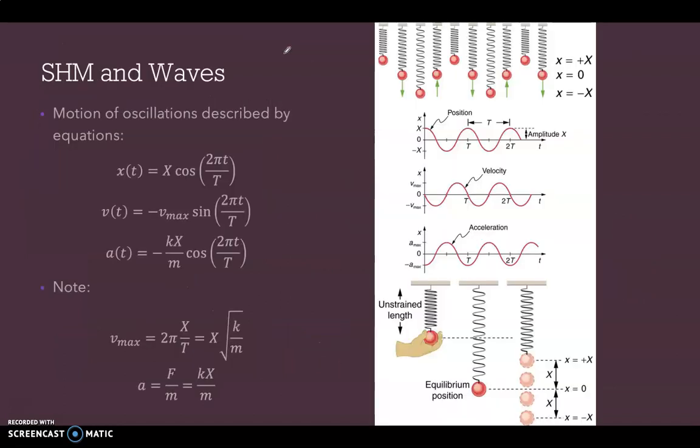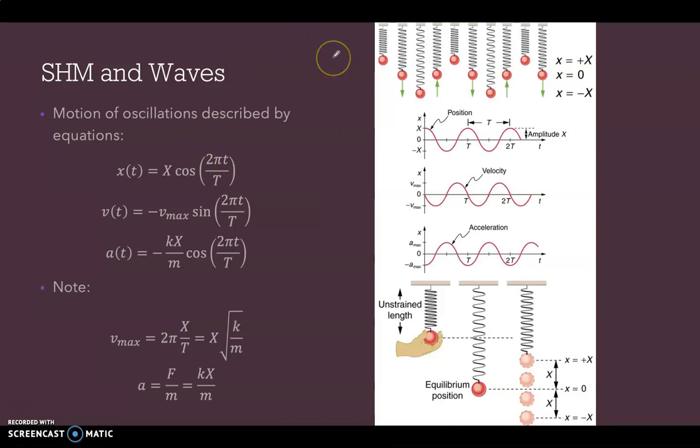All right, so moving forward, we want to be able to describe the simple harmonic motion in terms of equations. And this is done through putting them into a type of wave motion, so kind of translating it. We can do this through the use of a few trigonometric functions, and those functions are cosines and sines.